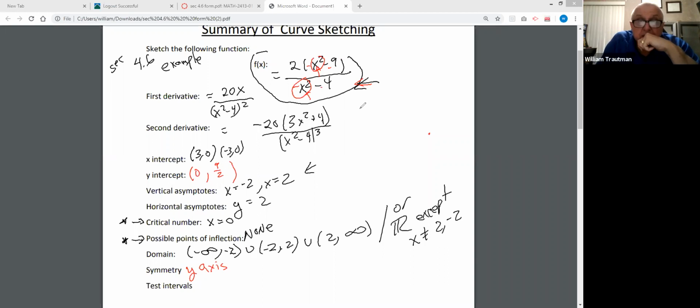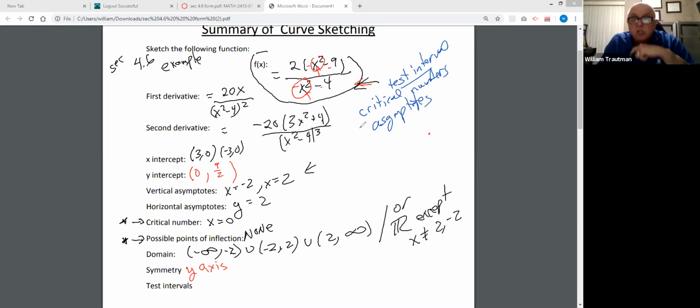To find the test intervals, we use critical numbers and asymptotes.